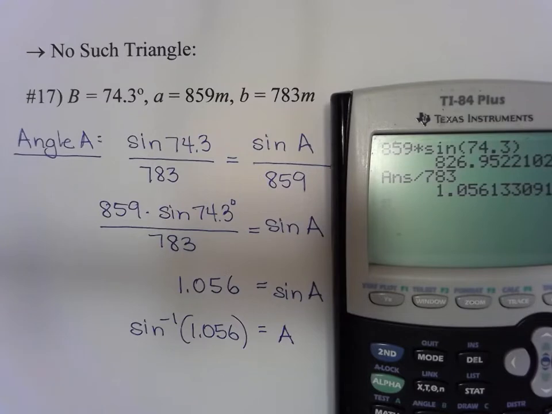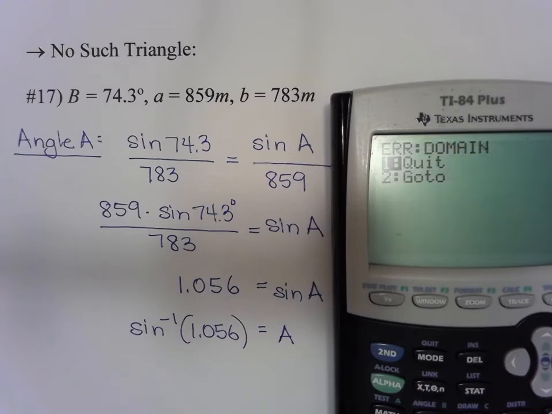That's what we would normally do. So we'll do sine inverse of 1.056. And it gives us an error, right? Why is it giving us an error? Because the value of the sine has to be between 0 and 1, and this value is bigger than 1.